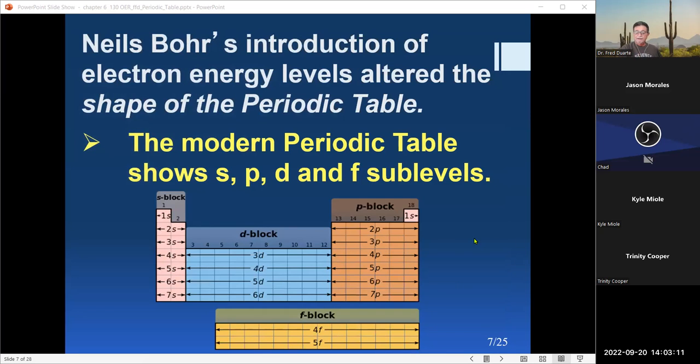Okay, this is where Niels Bohr introduced the idea of the energy levels, and this is where we talk about the S elements, or the S block, the first two columns, the D block, the P block, and the F block elements.